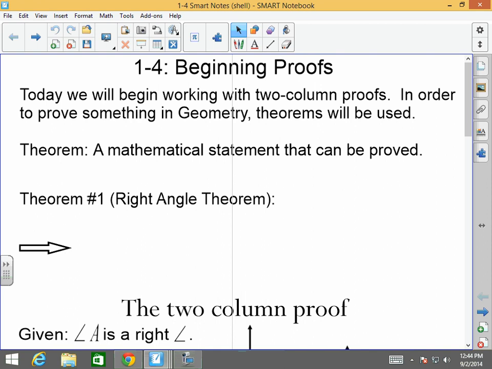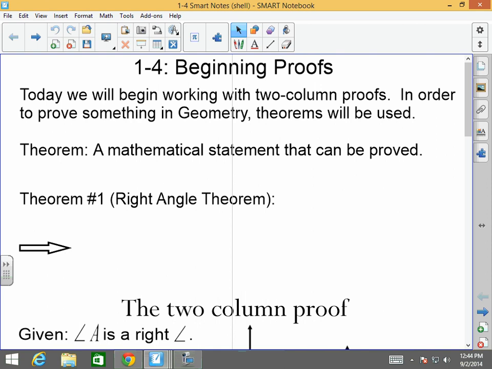It's a mathematical statement that can be proved. It's that simple. If you can prove a mathematical statement, that means that it is a theorem.